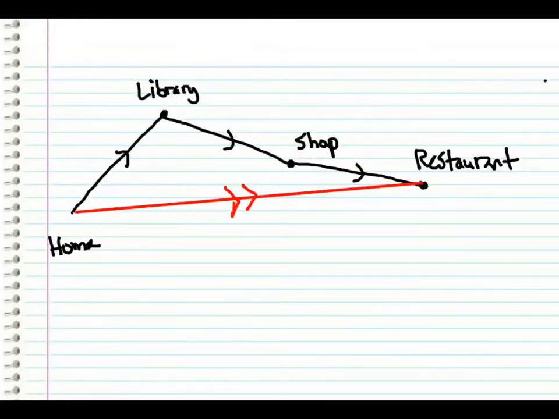If you were to add all these vectors, what is the representation for the sum of vectors? The sum of vectors is simply a vector drawn from where you started to where you end up at the end, which is depicted by the red line here.